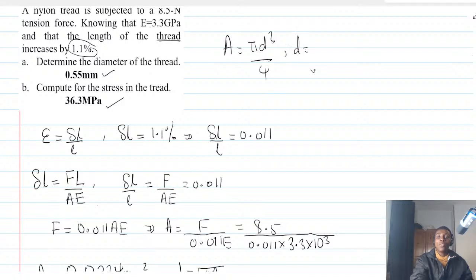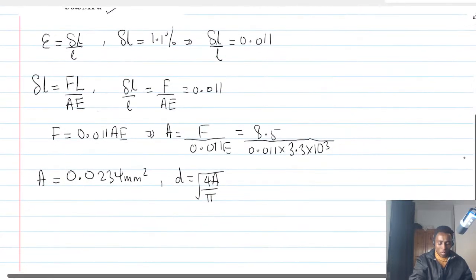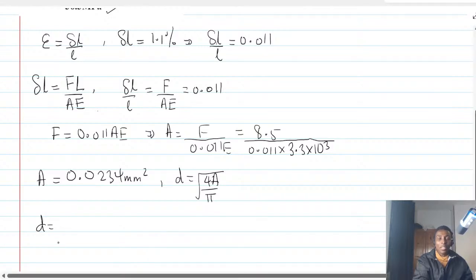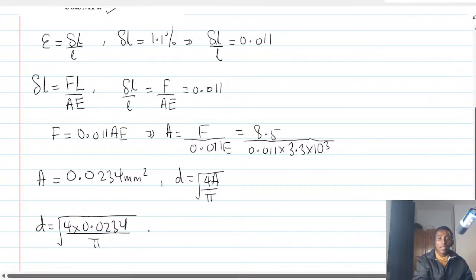Therefore, d will be square root of 4A over pi. So then the diameter is nothing but the square root of 4 multiplied by the area, all divided by pi. And what's the answer?